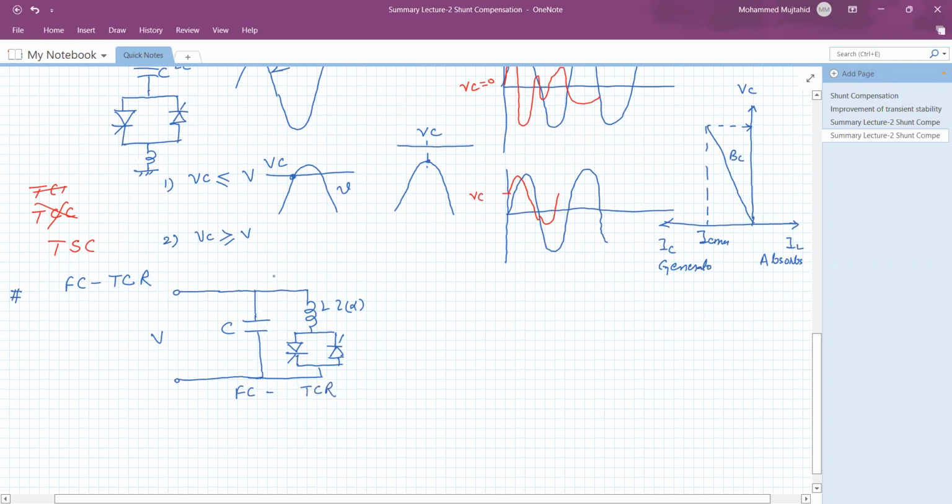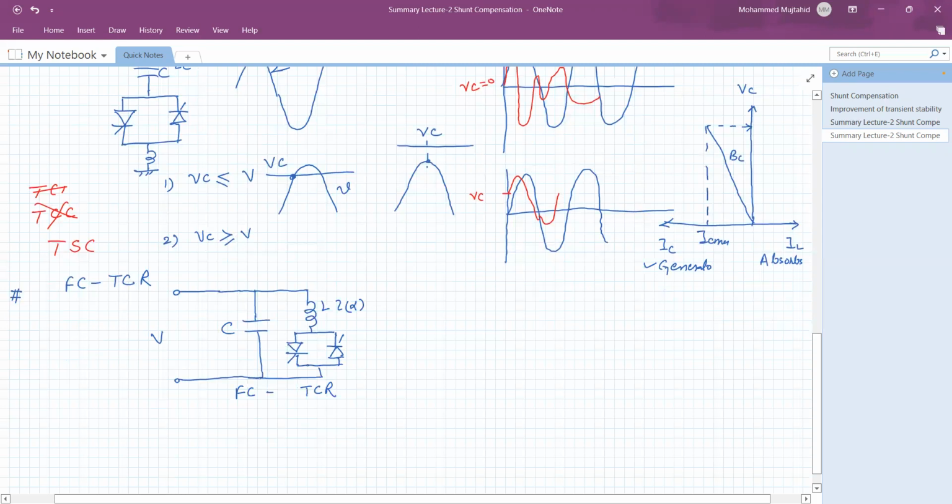This thyristor controlled reactor works independently, as explained earlier, and the capacitor is the fixed value. So with the combination of the controllable inductor and the fixed capacitor, the effective value of VAR generation can be controlled. See, this is the drawback of the thyristor switched capacitor: variable reactive power generation cannot be obtained, whereas absorption can be obtained in variable form.